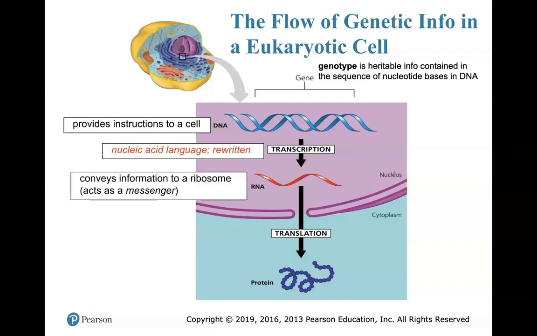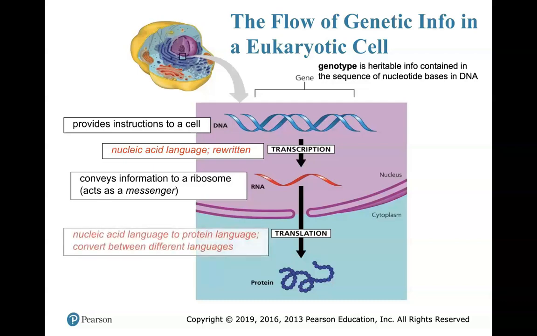RNA then is going to convey information over to a ribosome, acting as a messenger, in addition to doing some other things too, but we're really talking about mRNA. That'll come up in the lecture. So this is acting as a messenger. And then the process of translation will occur in the cytoplasm, outside of the nucleus. Translation is now going from nucleic acid language to protein language.